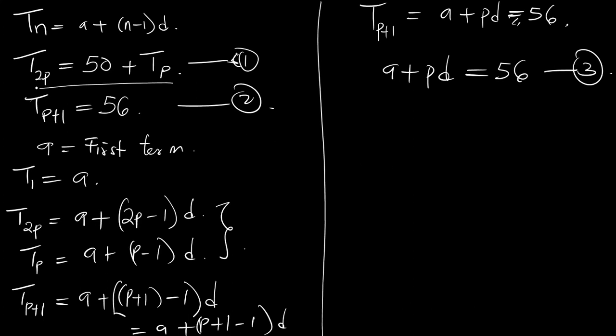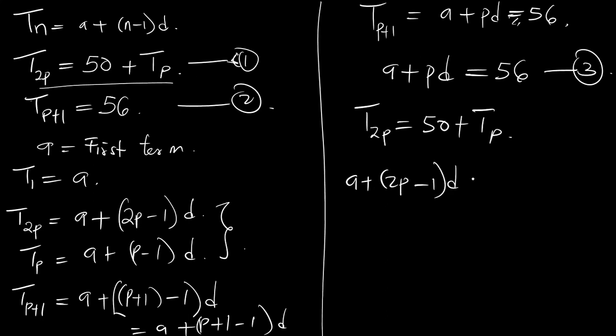We have the 2p term equal to 50 plus the p term. Now the 2p term is equal to a plus (2p minus 1) times d, equal to 50 plus the p term, which is a plus (p minus 1) times d.